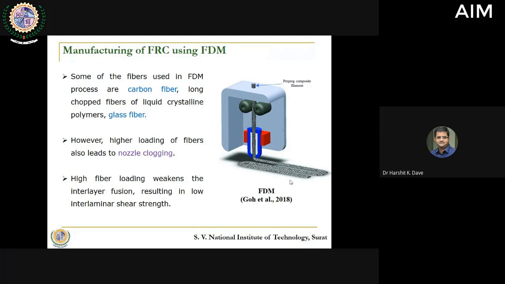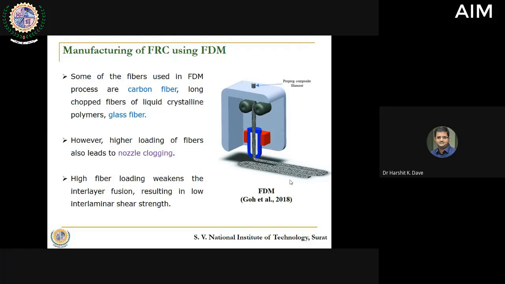However, when an attempt is made to print the filament with these fibers, either with fibers mixed into the filament initially, or fibers being passed through the same nozzle along with the filament, or fibers being passed through a separate nozzle along with the deposition of this filament, in either case one major issue that comes up is nozzle clogging.